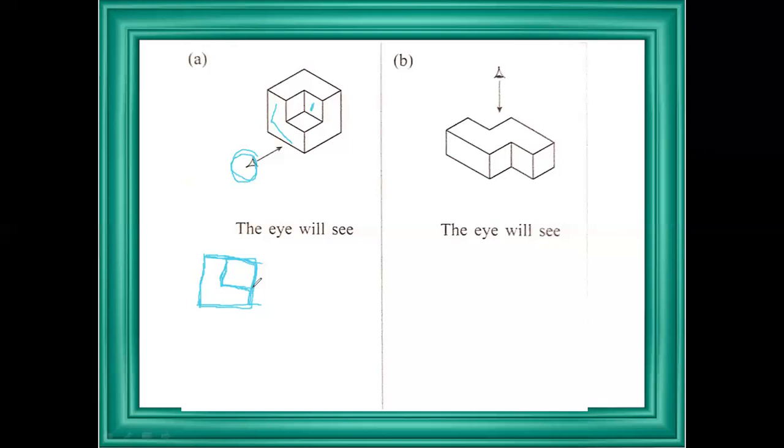All right, letter B. This is the plan elevation. You are at the top. Now, what can you see if you are at the top? Okay, so you can see here.